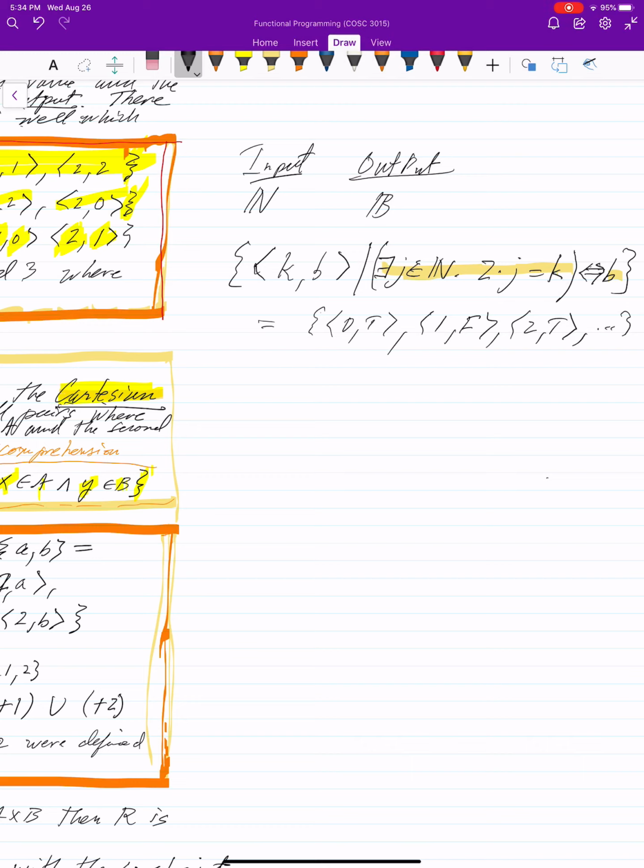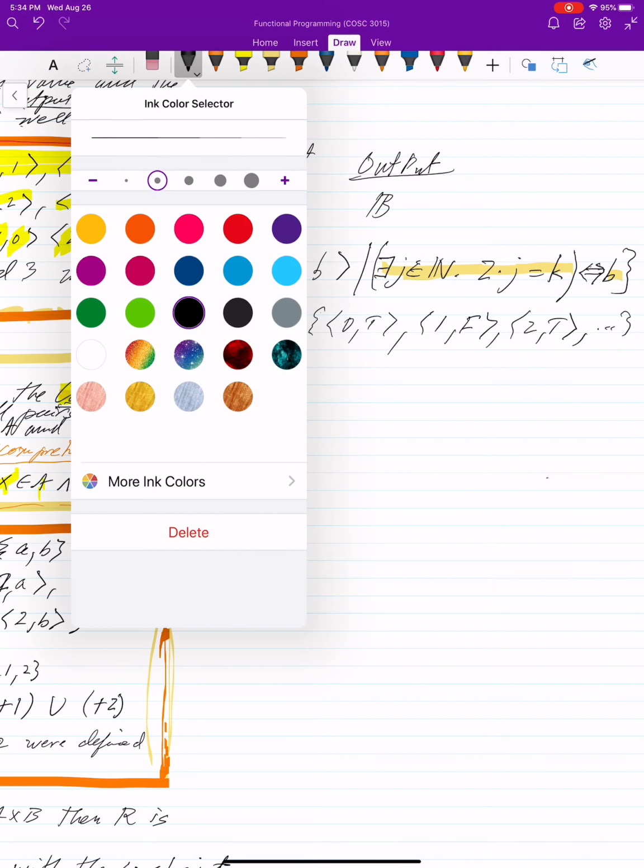Now, there are lots of functions that take more than one input. Here's an interesting example.